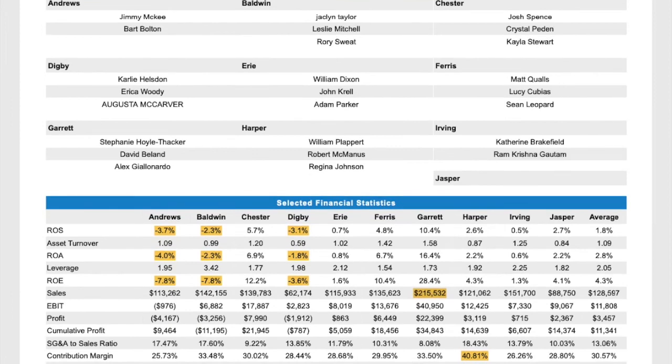As I mentioned before, here ROS, ROA, these 3 teams, you need to pay attention. Andrew, Baldwin, and Digby. You need to know really what's happened here. You probably need to cut some cost or have better projection, especially Team Digby. Looks like your sales are relatively low compared to other teams.